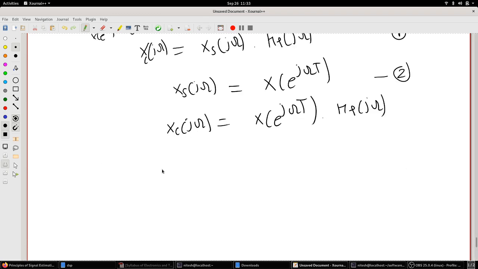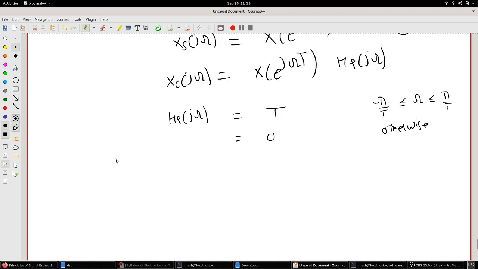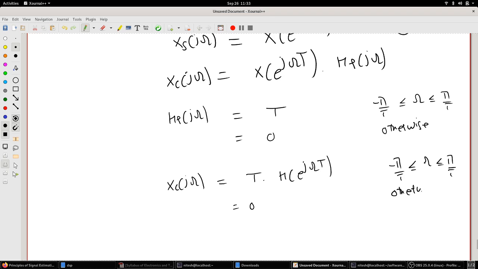You know that hr of j omega has got a value of t from minus pi by t less than or equal to omega less than or equal to pi by t. It only exists from minus pi by t to pi by t, and it is 0 otherwise. This is also known. So what we can do is we can say that x continuous of j omega is equal to t into x of e raised to j omega t from minus pi by t less than or equal to omega less than or equal to pi by t, and it is 0 otherwise.